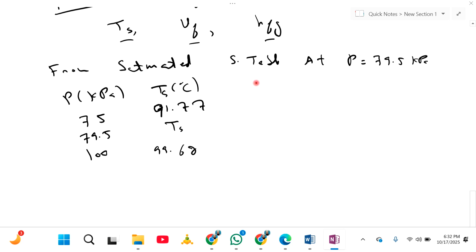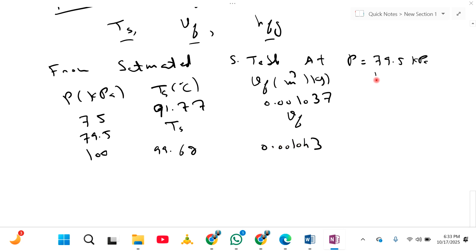Now similarly, Vf in meter cube per kg. At 75 kilopascal, the value is 0.001037. Here it is required, and at 100 kilopascal this is 0.001043.